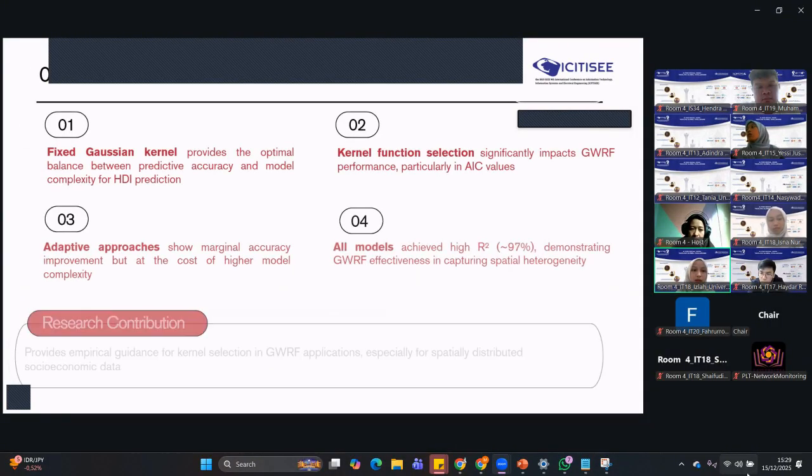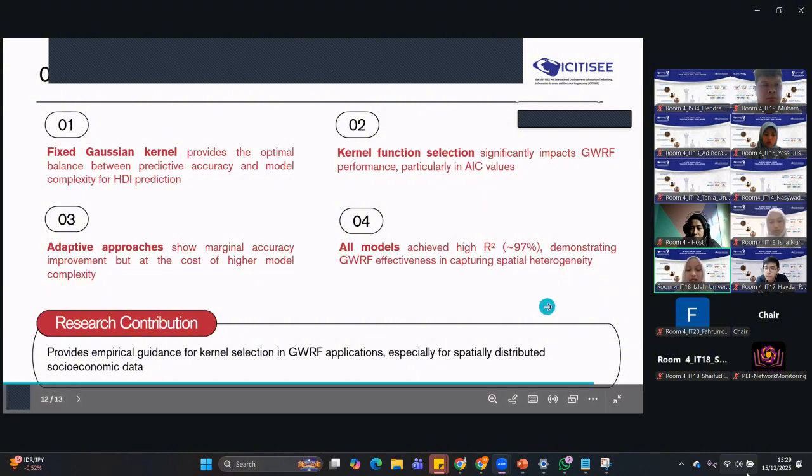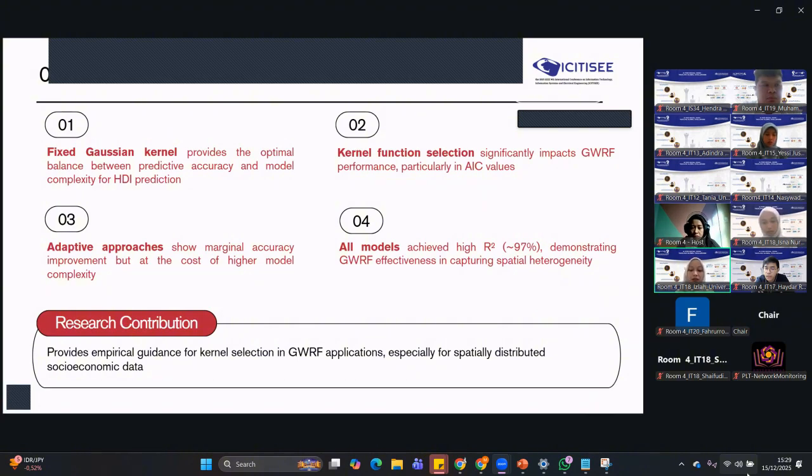In conclusion, the fixed Gaussian kernel is the most suitable choice for GWRF in this study. It provides the optimal balance between prediction accuracy and model complexity, outperforming adaptive and bi-square-based kernels. These findings highlight the importance of careful kernel and bandwidth selection in geographically weighted machine learning models.